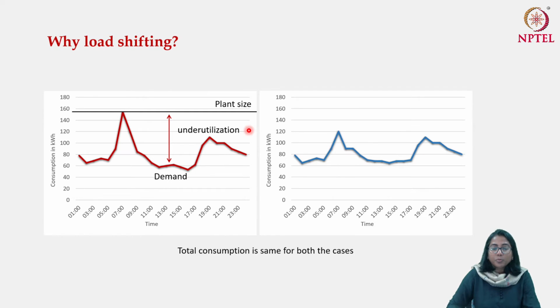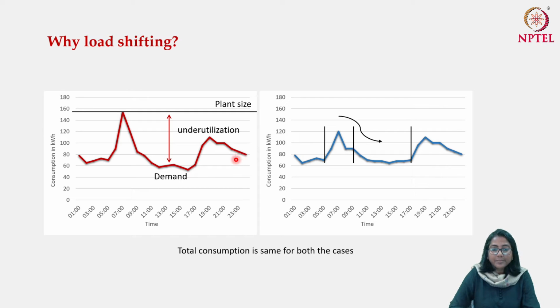Now suppose we keep the total daily demand for electricity constant. So if you look at this blue line and this red line, basically if you add the electricity consumption for these two lines for different hours, for 24 hours, you will see that it represents the same amount of electricity being consumed. However, what is the difference?